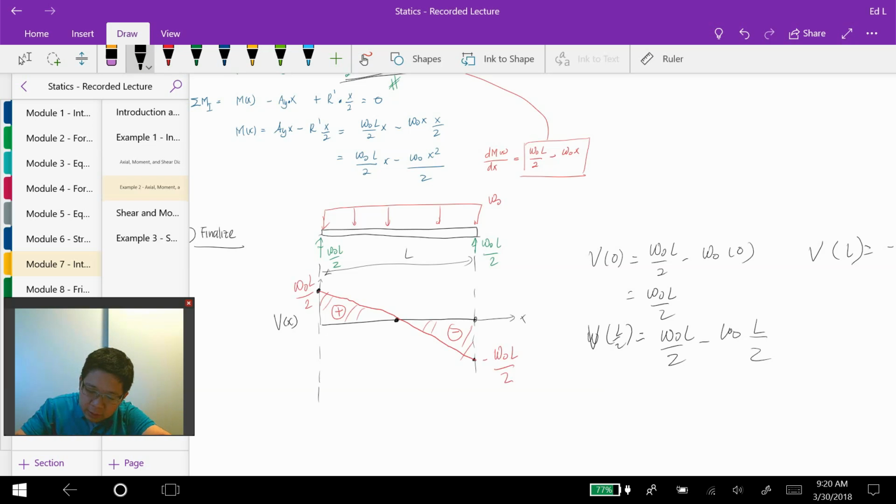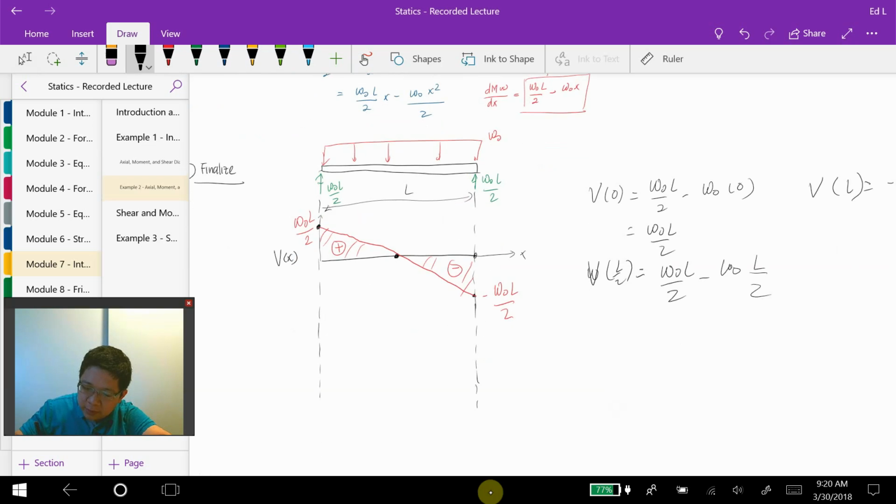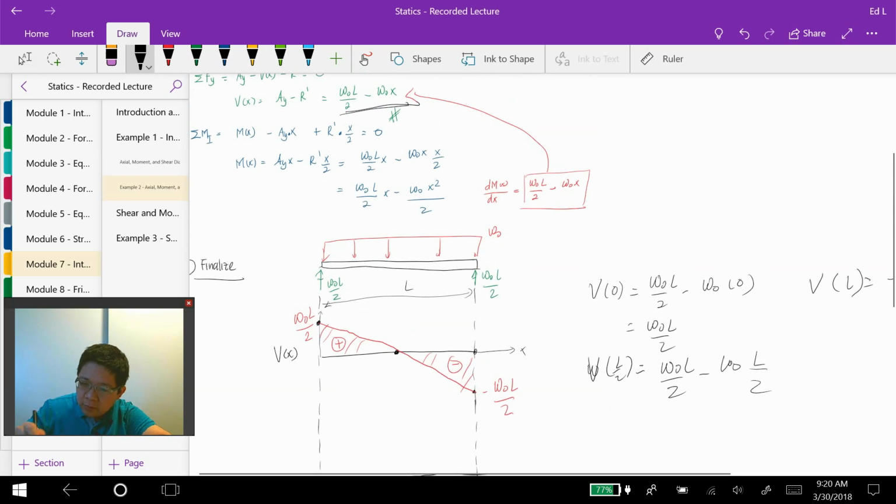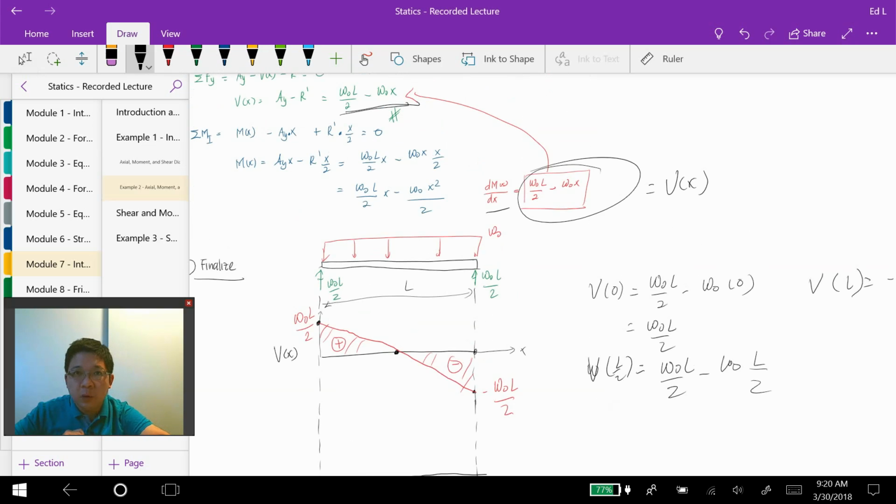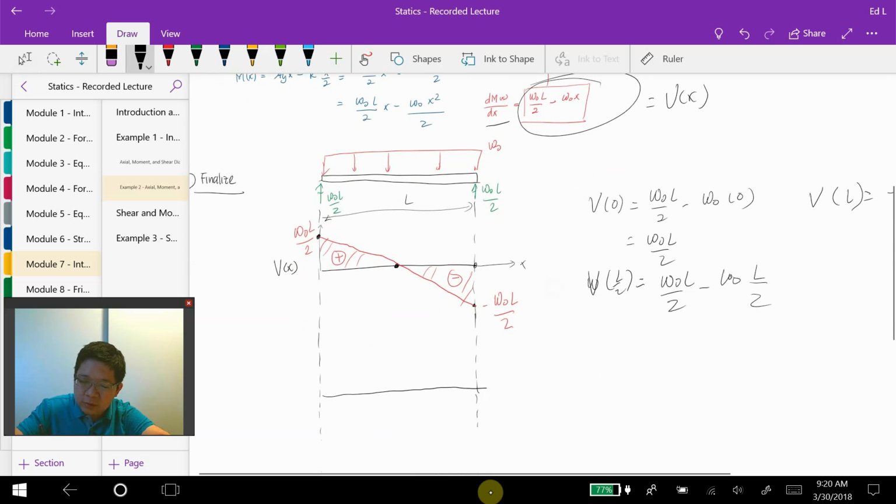And from calculus, you may be able to relate that the shear turns out to be the first derivative of the moment. When the shear equation is equal to 0, from calculus we learn that we will obtain a local maximum or local minimum.